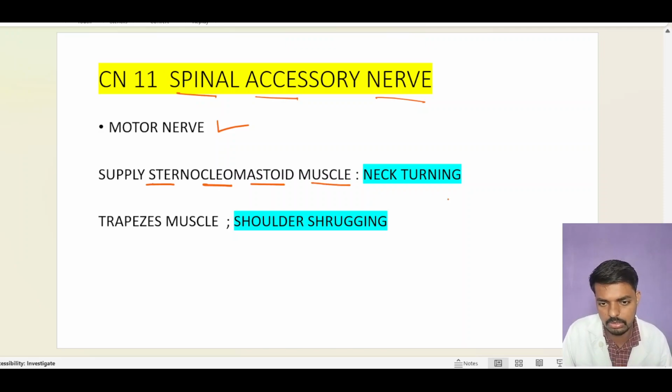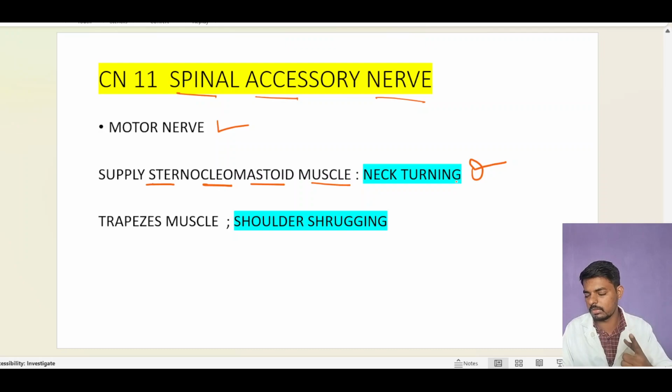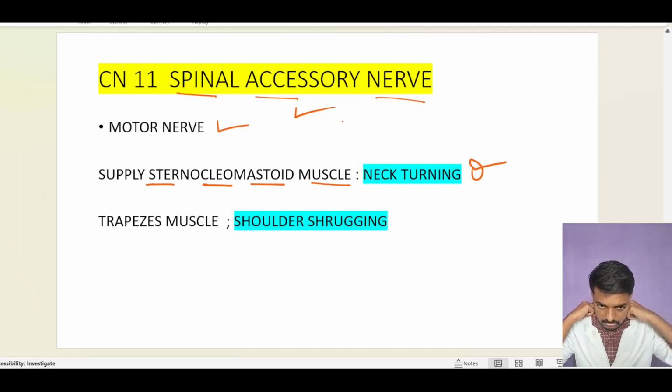That muscle is responsible for turning of our neck. Our sternocleidomastoid muscle is responsible for turning the neck right and turning the neck left. That muscle is supplied by a motor nerve, the spinal accessory nerve. And this is our trapezius muscle, which is responsible for shrugging of our shoulder, the upward and downward movement of our shoulder.